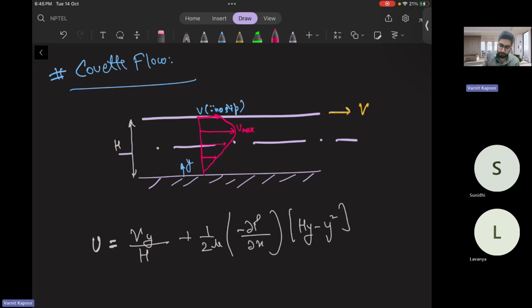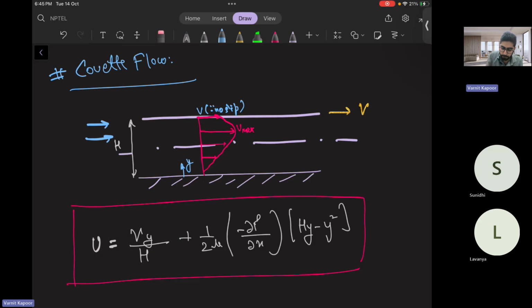This is the relation of velocity. Okay, this is almost required. So here your fluid is coming with a mean stream velocity of u infinity, and u infinity is always greater than V. Always remember this, u infinity is greater than V. Any doubts, Neha? Any doubts?